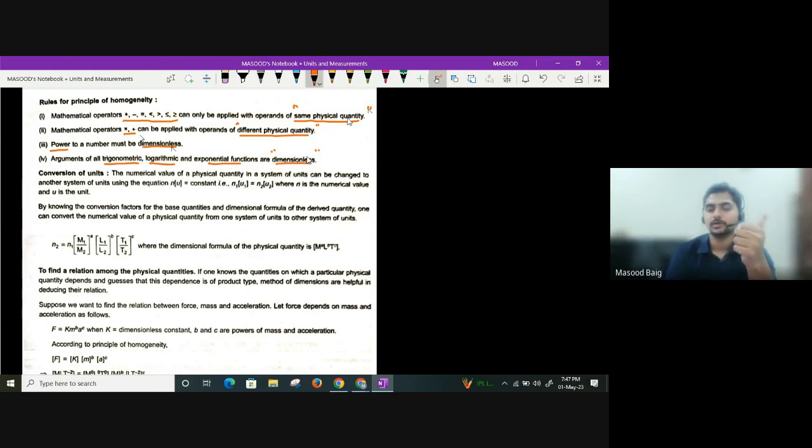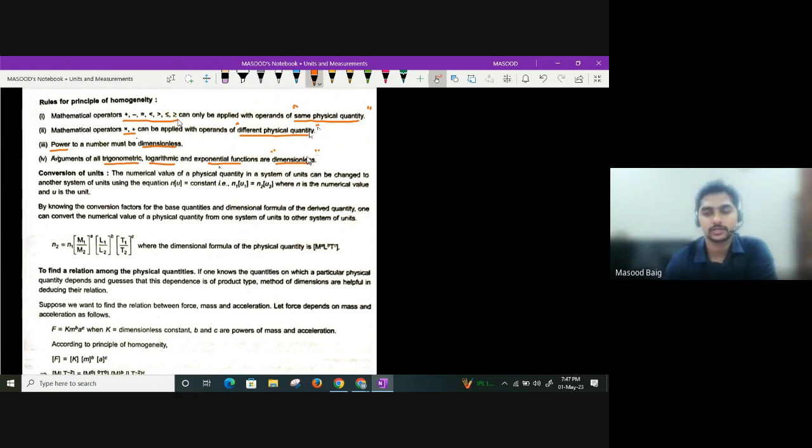And always remember, if a physical quantity doesn't have a unit, unitless will always be dimensionless. However, dimensionless need not necessarily be unitless.